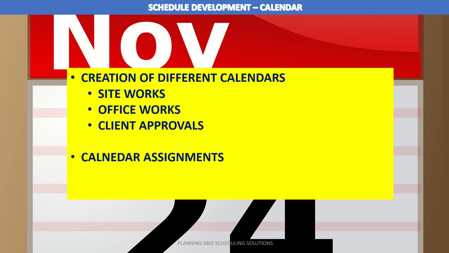As a general practice, we have a calendar for site works, a calendar for office works, and a calendar for client approvals. This is not limited to these options, but for this exercise I'm showing the effect of these three calendars, but there could be many more calendars to be assigned depending upon your project requirements.